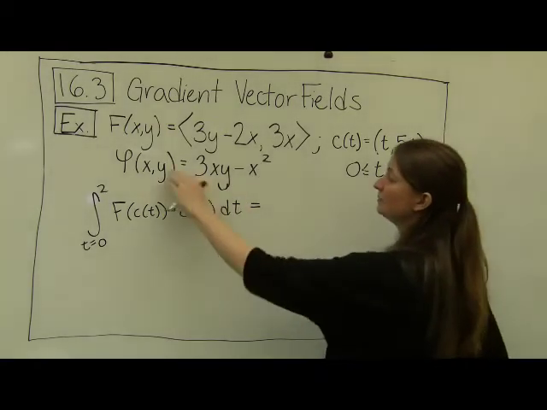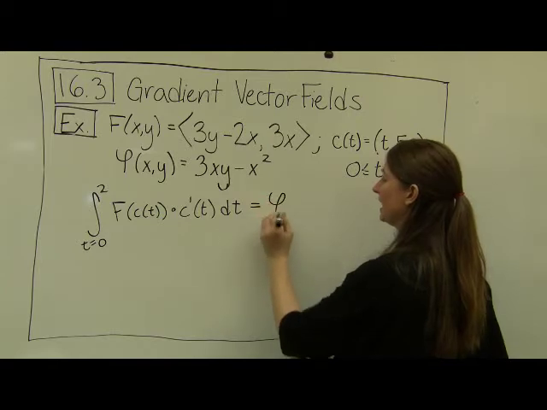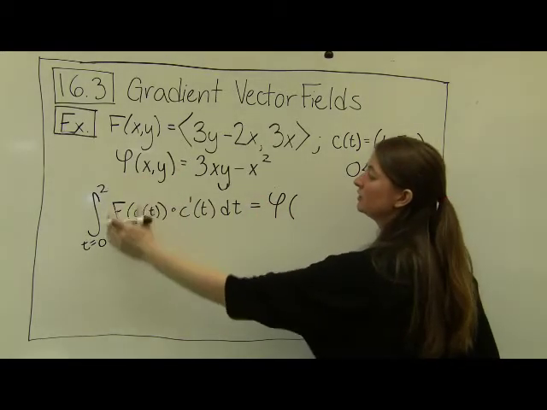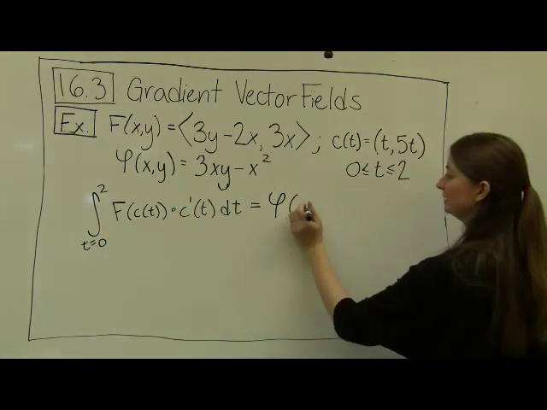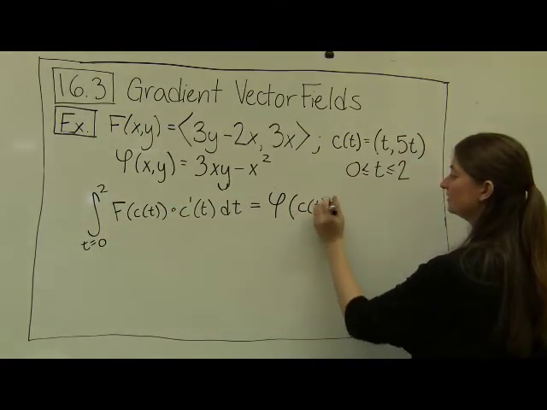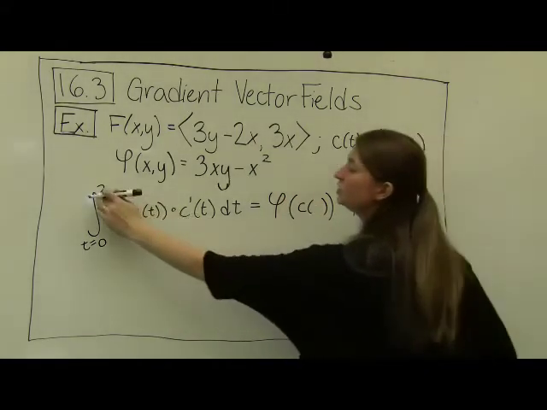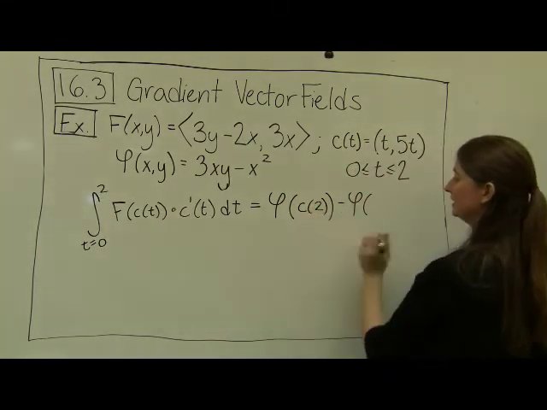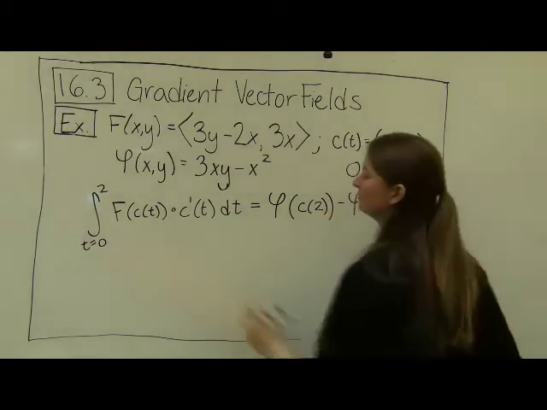But in this case, because it's a gradient vector field, we're going to instead evaluate the potential function at the ending point and starting point. So this becomes phi of c of 2, because that's my ending point, minus phi of c of 0, because that's my starting point.